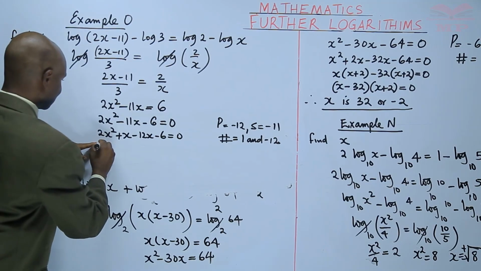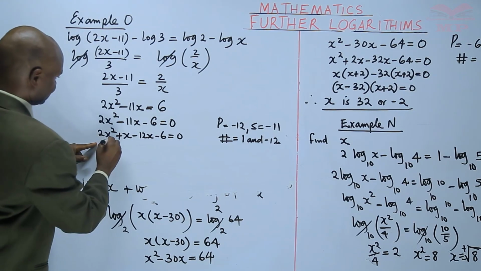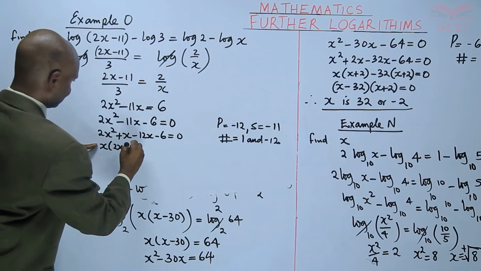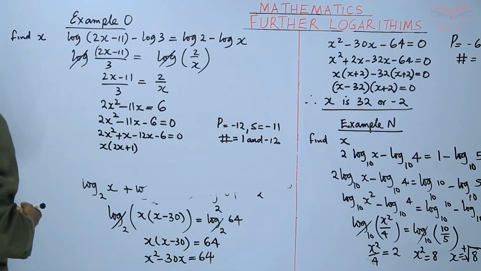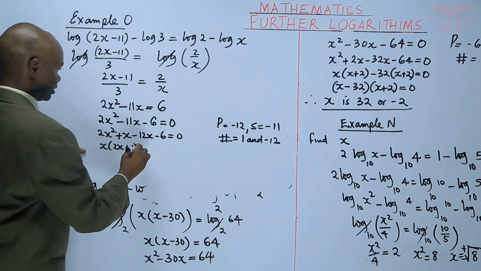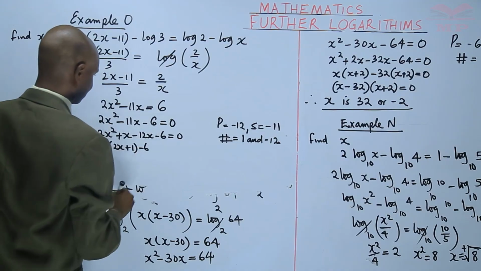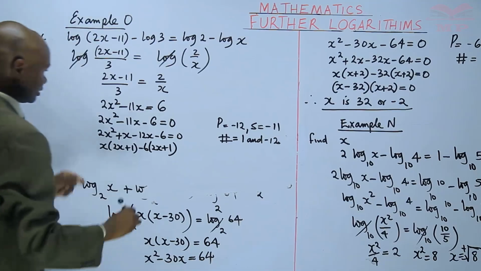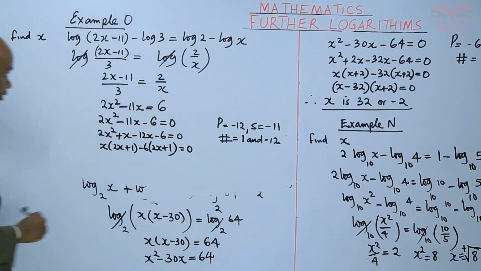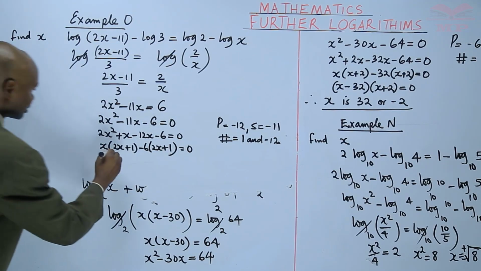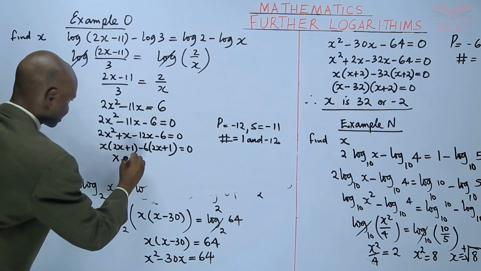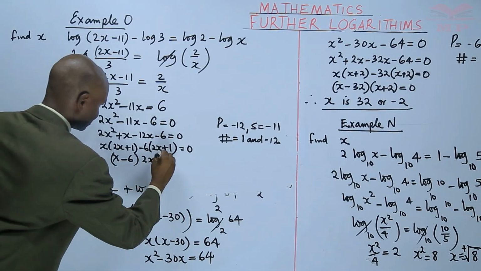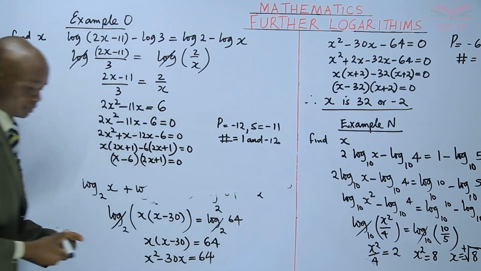Factorize. Common factor 2x, I remain with x minus 6. I remove also 1, I remain with x minus 6. So it should give me (2x plus 1)(x minus 6) equal to 0. The roots are x minus 6 equal to 0 or 2x plus 1 is equal to 0.